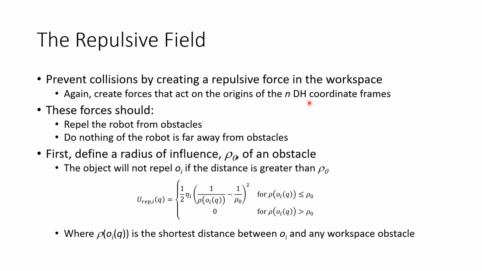But then the challenge is how you're going to define the forces corresponding to this field. For that, we have to take the gradient of it. In order to define that repulsive force, F repulsive acting on the ith joint in that configuration q is equal to minus del of the repulsive potential on that particular joint.